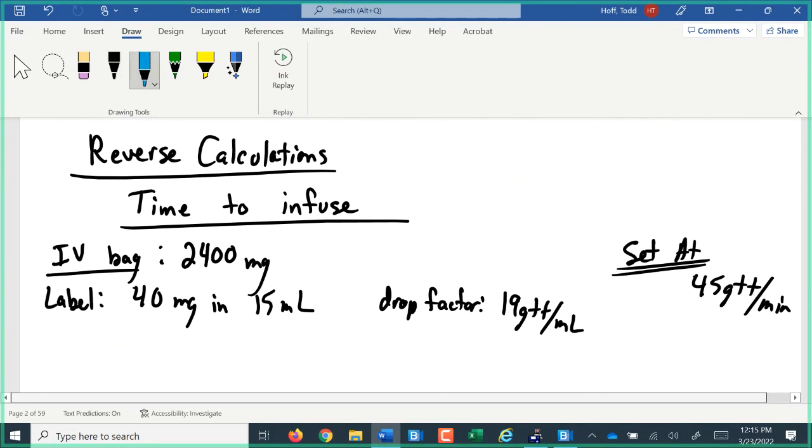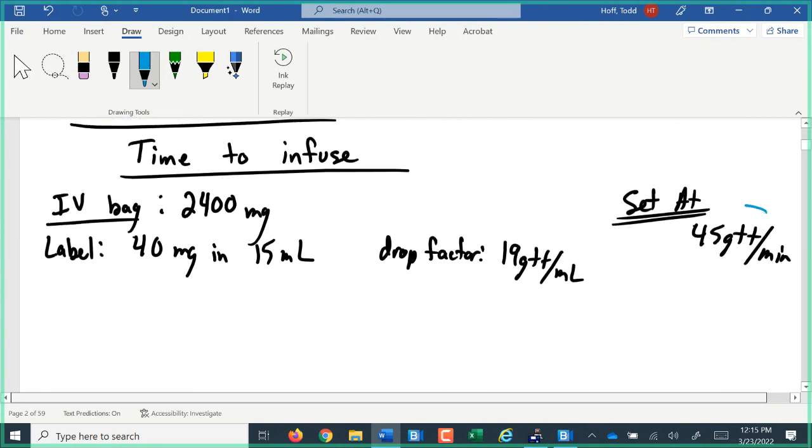Do this calculation. We are looking for a time, which means we have time on top. Our setup here of drops per minute does not have time on top.